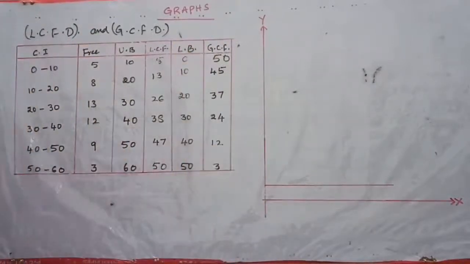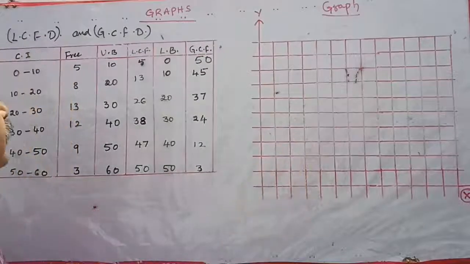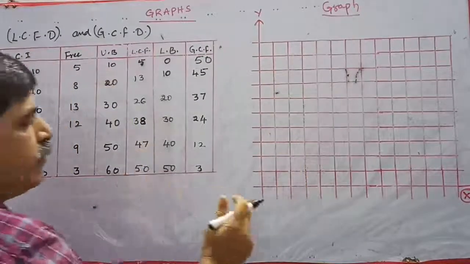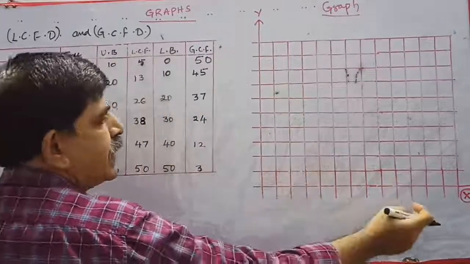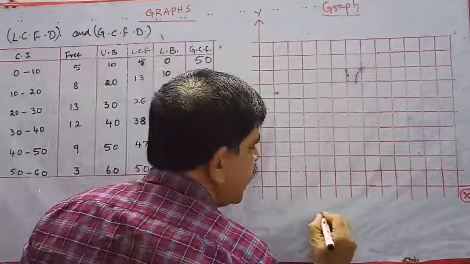Now, to draw this graph, we have to take the boundaries on the x-axis and frequencies on the y-axis. Boundaries are limits.